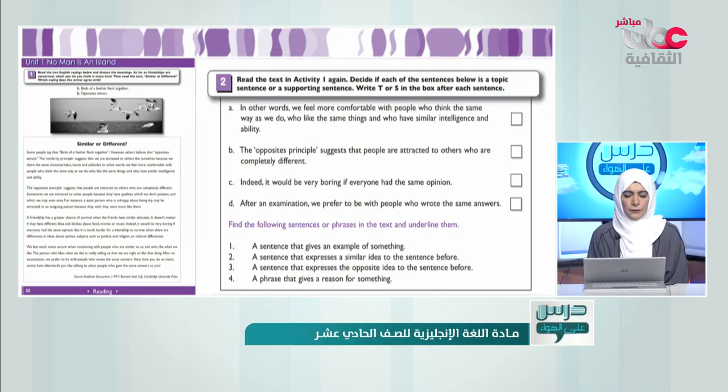Here we got 4 statements. We need to check topic sentences and supporting sentences. What is topic sentences? Topic sentence is an idea or main idea. The most important thing that we have in the text. Mainly, we can find one topic sentence in each paragraph, and we have to find it.